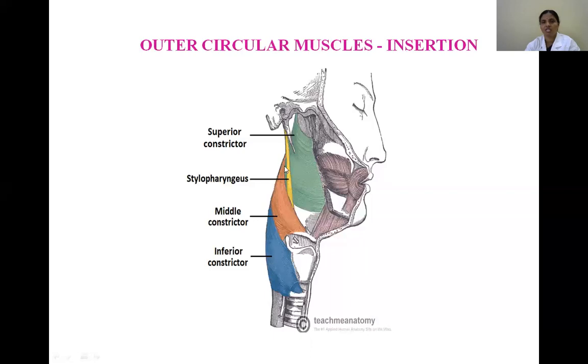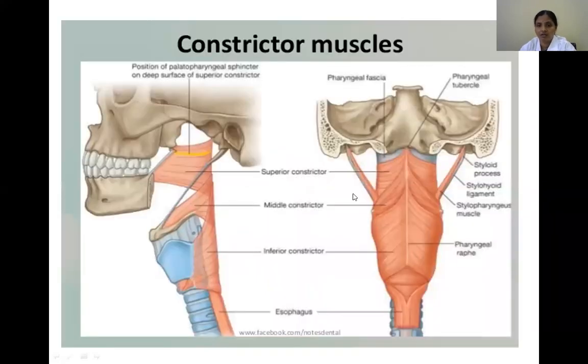What is the insertion of the superior constrictor? See, the uppermost fibers are arching backwards and upwards, and these fibers are going to insert to the pharyngeal tubercle. In the previous slide, we have seen this is the pharyngeal tubercle. So the uppermost fibers, you see how they are arching backwards and upwards and going to insert at the pharyngeal tubercle.